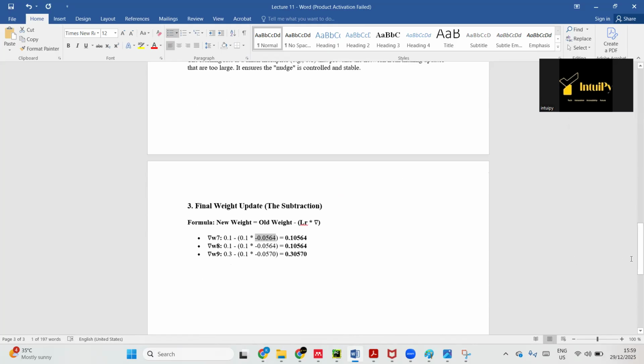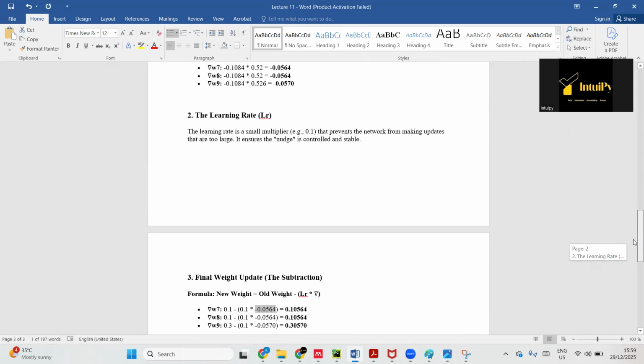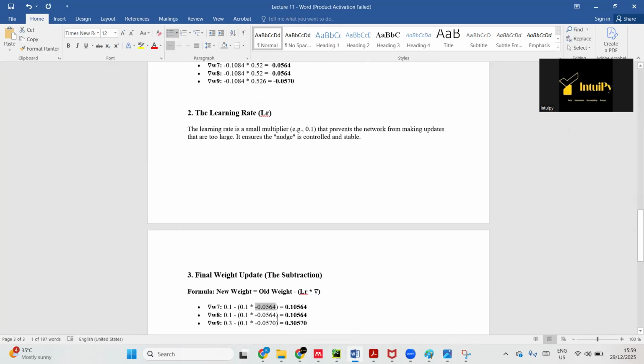That is our update. So using this formula to get the new weights, because the new weight is to be used for the forward pass, the next training iteration. So our new weight becomes what?